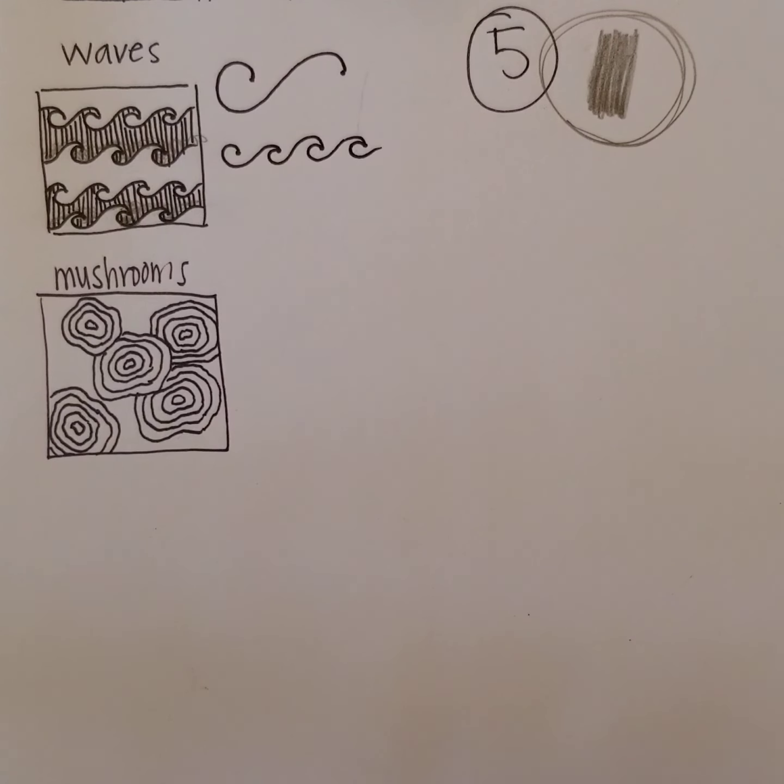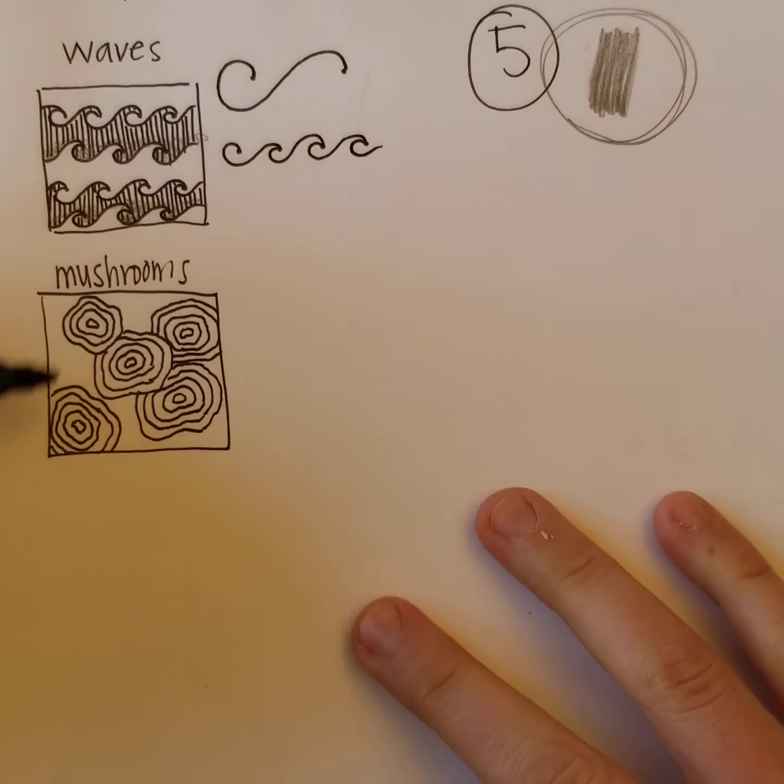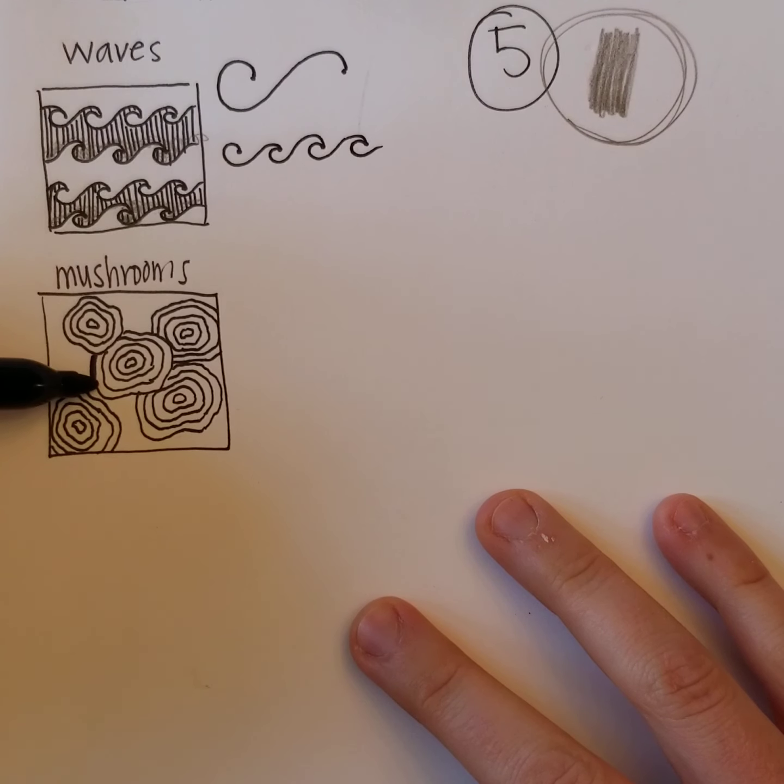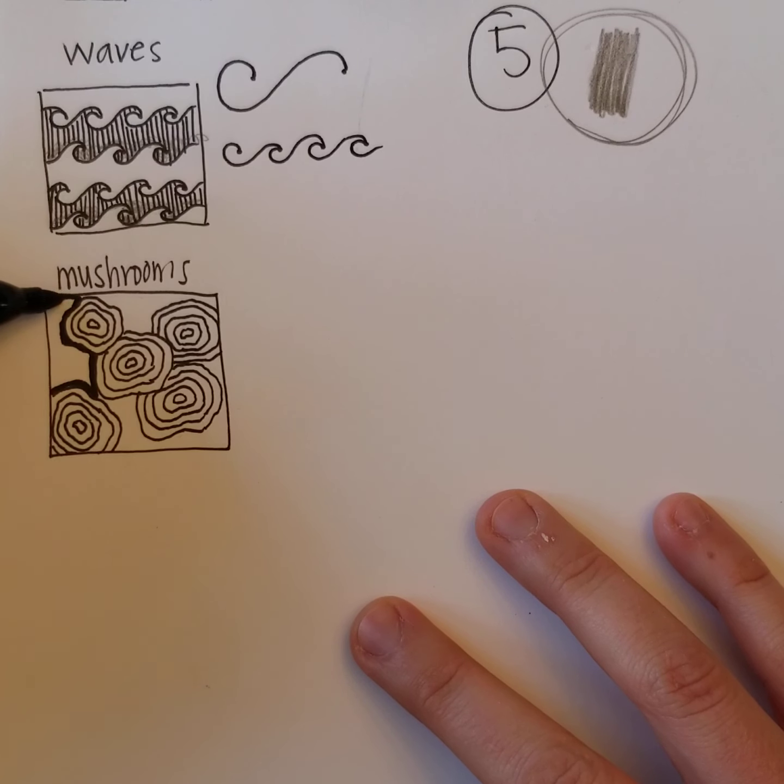And so next I could fill in this background, maybe with some stripes or some polka dots. But I think what I'm going to do is just fill it in. I'm not going to fill in every space because this is just a demonstration.